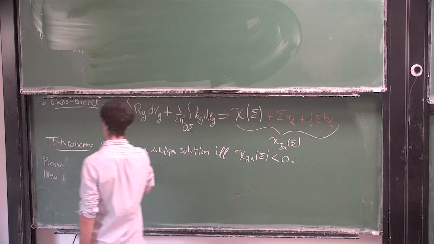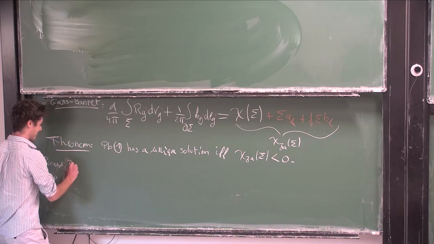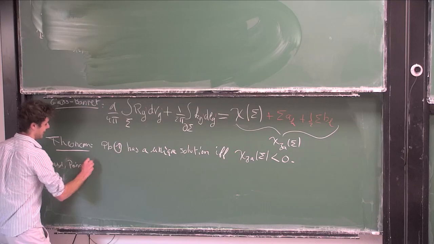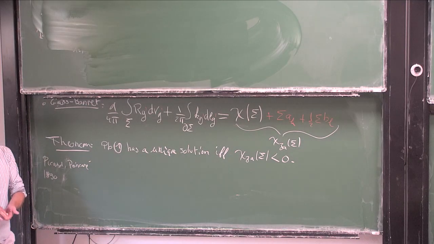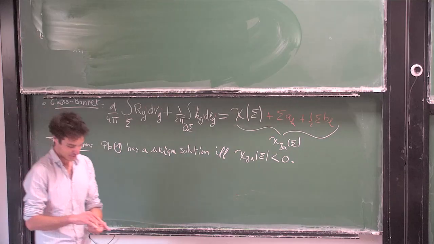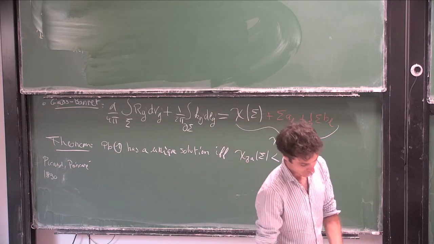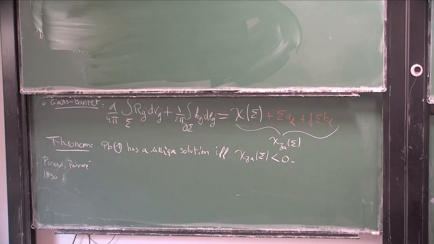Next, in the story, you have another big name, Poincaré, who got interested in this problem because it was a way for him to prove uniformization of Riemann surfaces.